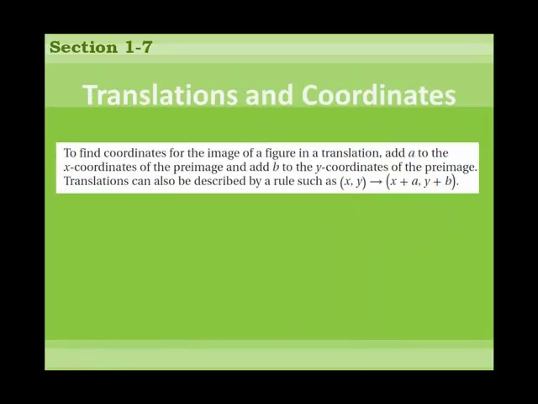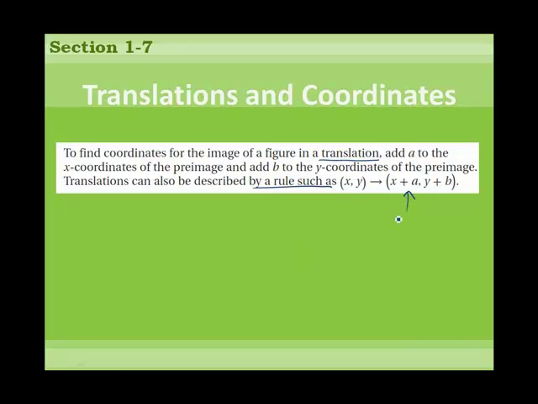Now you can also do translations in the coordinate plane without drawing the image. And again, this is just for translations right at the moment. We can simply use what we call a rule that takes any point x, y and maps it onto the point x plus a, y plus b.